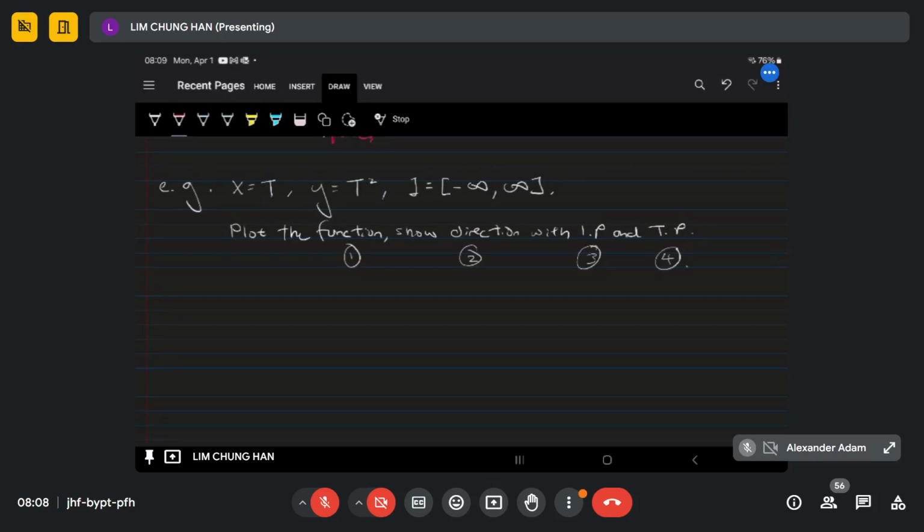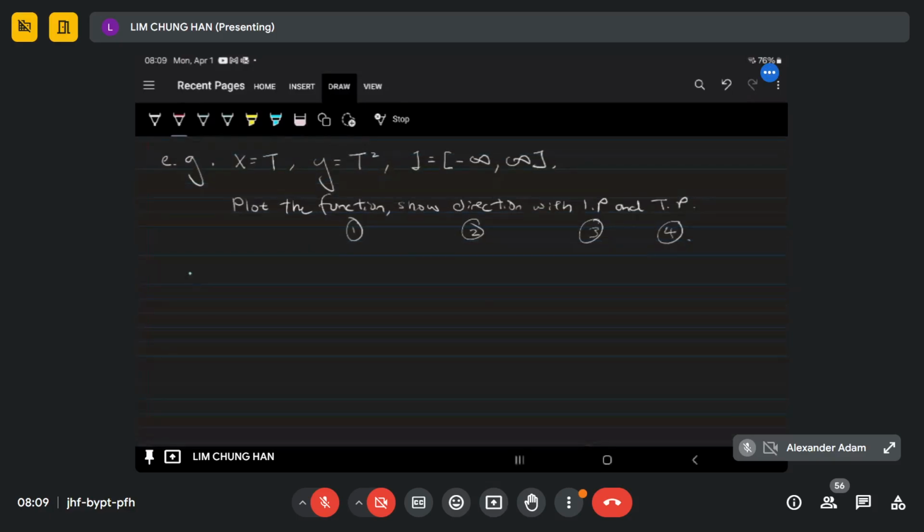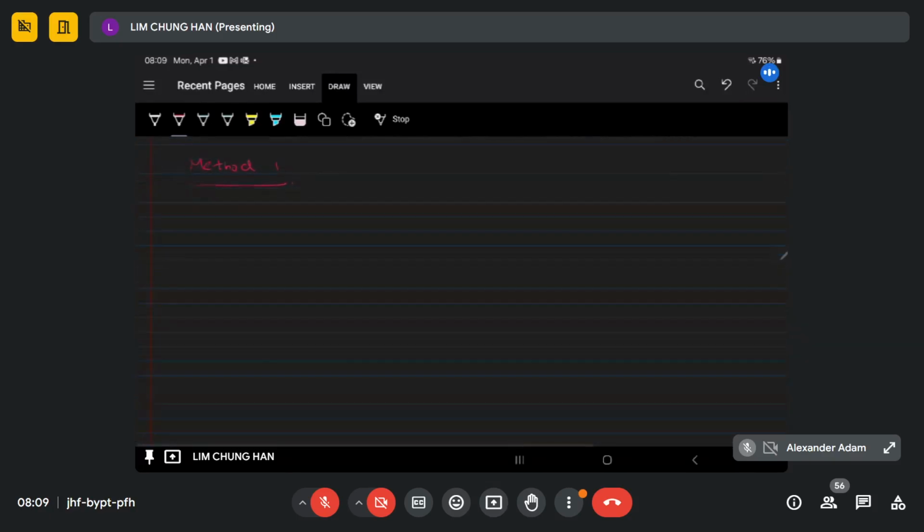All right. So for this one, from last week, I think you can probably tell there are two ways of solving this problem. I'm going to show you the first method first. What's one way you can use to solve this problem?